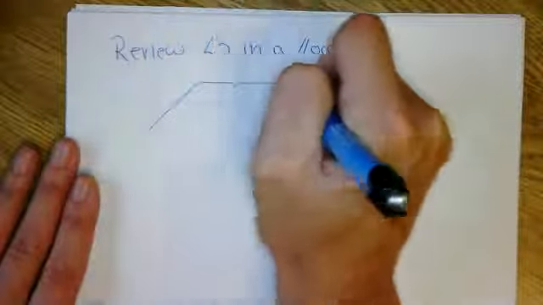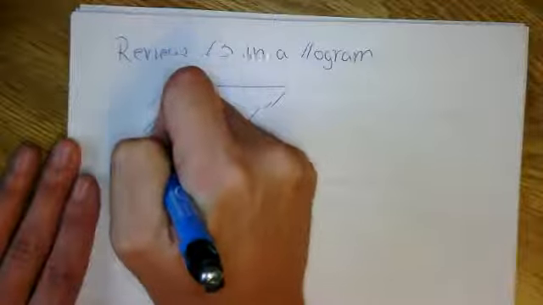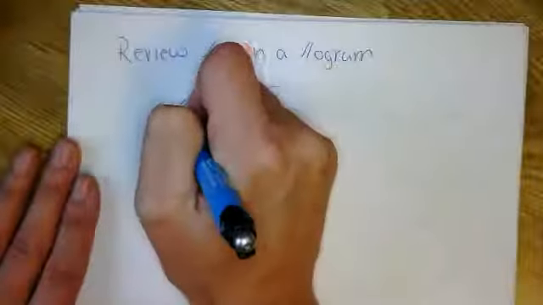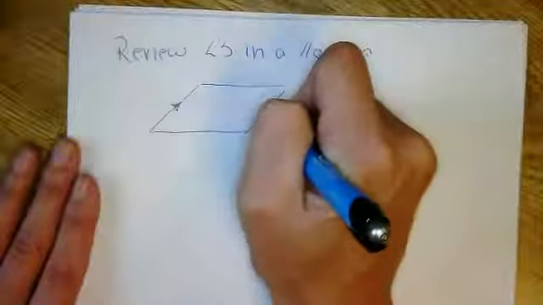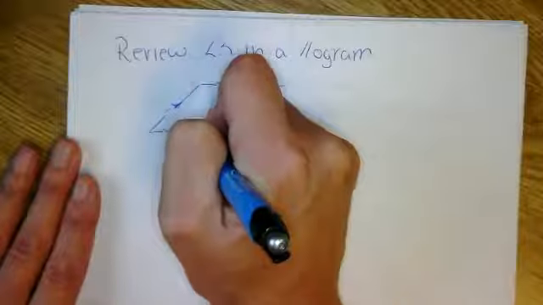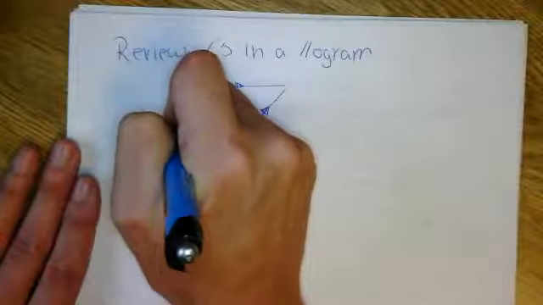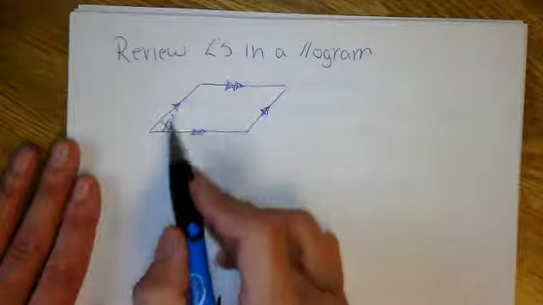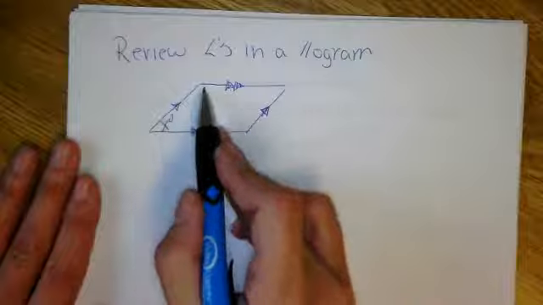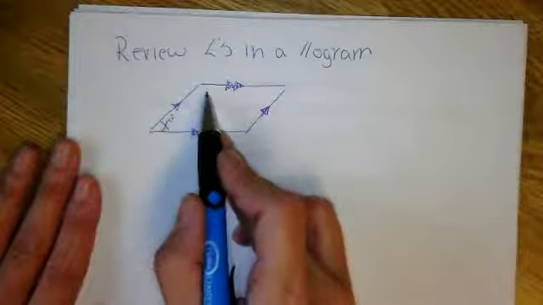I don't know if I've done this earlier or not, but if we have a parallelogram, if we know one of the angles, these would be the same side interior ones. The next consecutive angle would be supplementary to it.